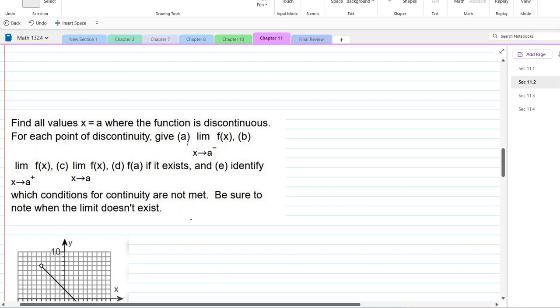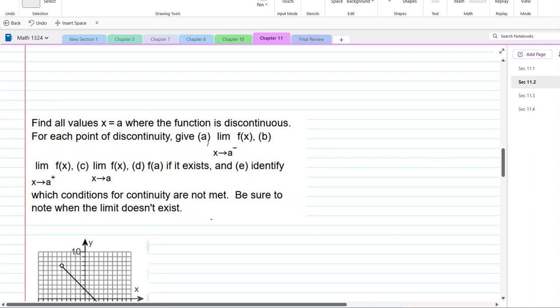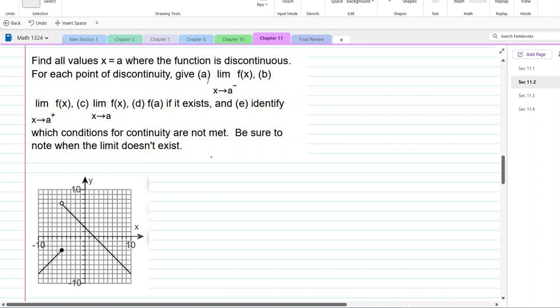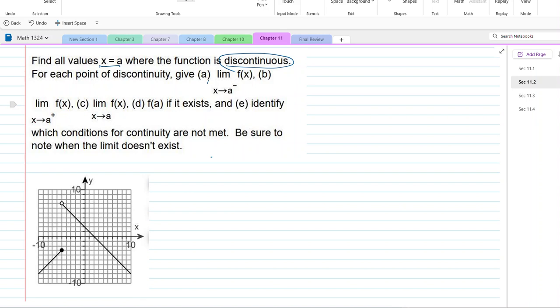Now we have this condition here that we want to discuss. Find all values of x equals a where the function is discontinuous. For each of the points of discontinuity, give the limit as x approaches a from the negative and the positive, and then state if it exists. All right, so first we're going to find points of discontinuity.